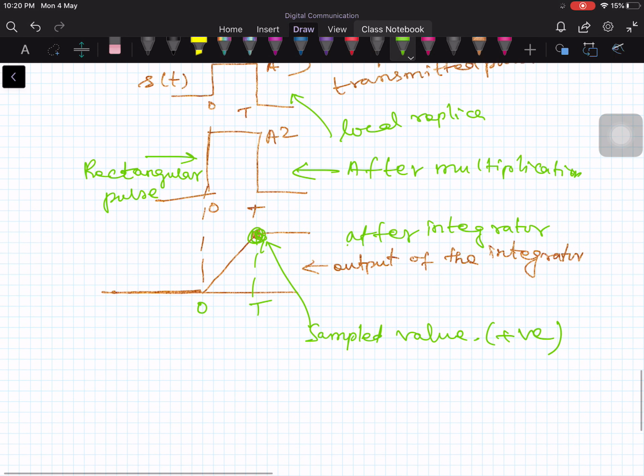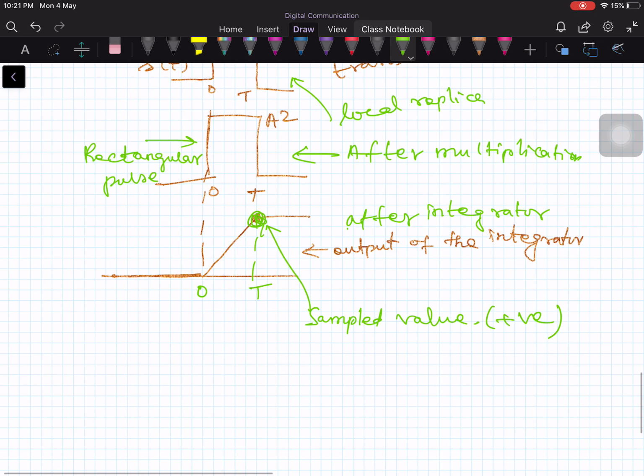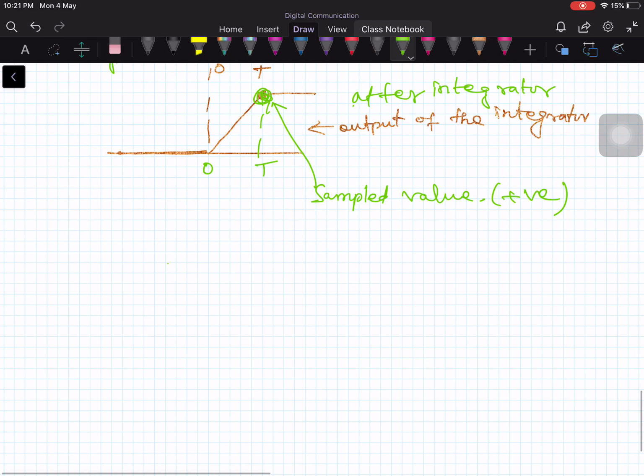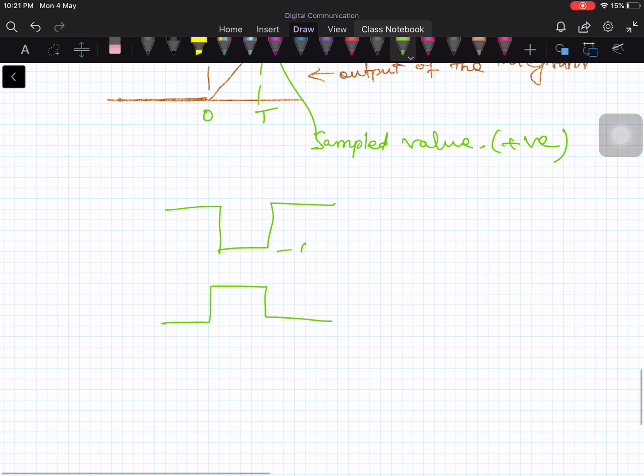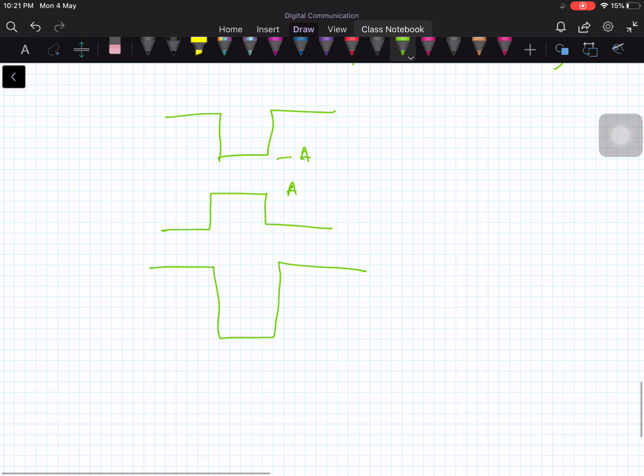Now if one was positive and the other was negative, then what will happen? Suppose the transmitted pulse was negative like this, and the local replica will be like this. Then this is minus A and this is plus A. You multiply these two, then you will get a pulse like this, 0 to T, with amplitude A square in the negative direction.